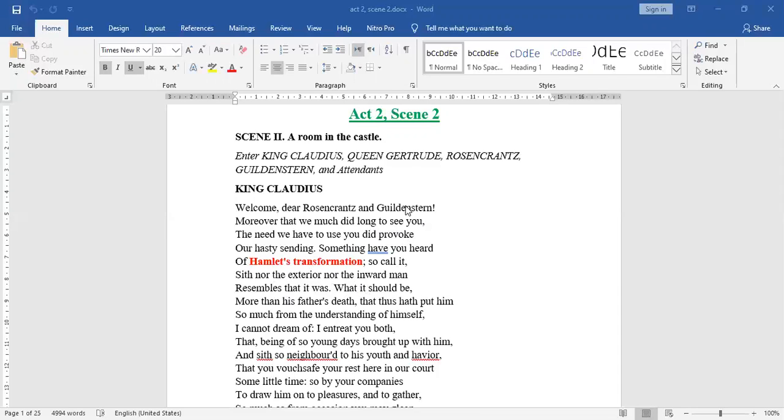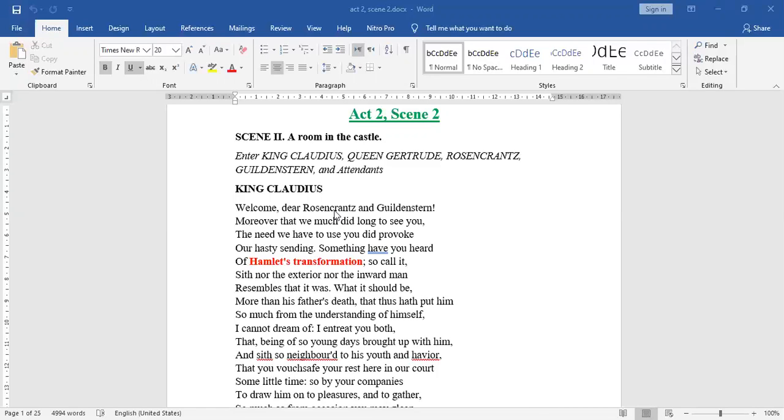So that is why, for the ease of access and for the ease of understanding and comprehension on the part of the students, I am to divide this scene into five thematic parts. Then you will be able to understand each thematic part separately and easily.